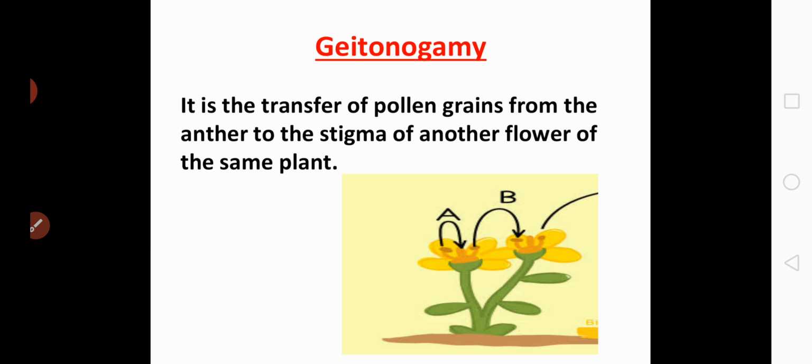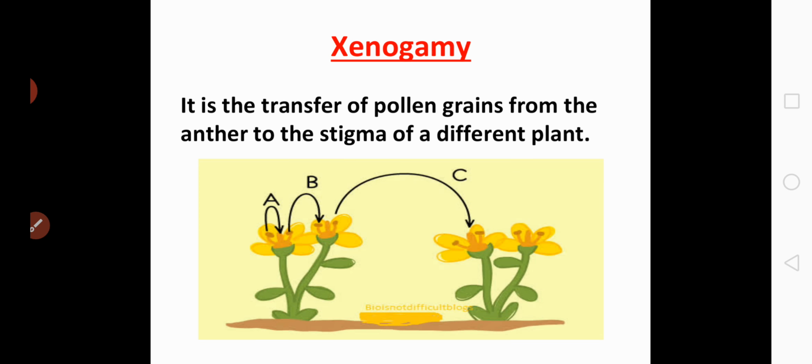Geitonogamy means the transfer of pollen grains from the anther to the stigma of another flower of the same plant. If the pollination takes place between two different flowers of the same plant, then it is called geitonogamy. Whereas xenogamy means the transfer of pollen grains from the anther to the stigma of a different plant. Okay, so what is the difference between geitonogamy and xenogamy?